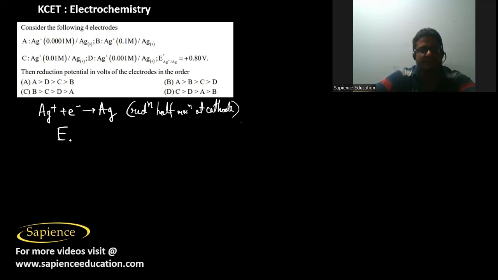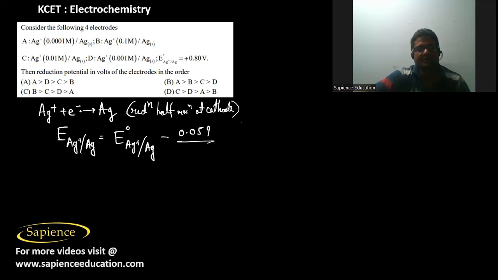So here the reduction potential E Ag plus/Ag is equal to E naught Ag plus/Ag minus 0.059 by n. So here n will be 1 only, since here one electron is involved.